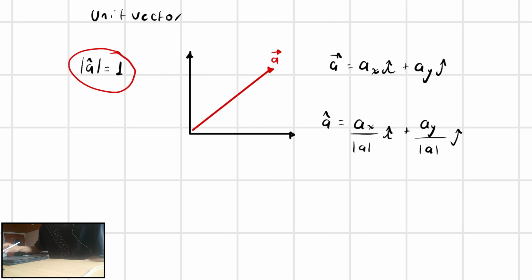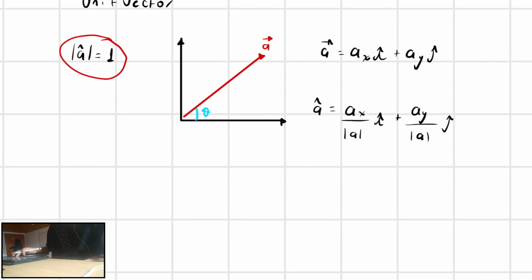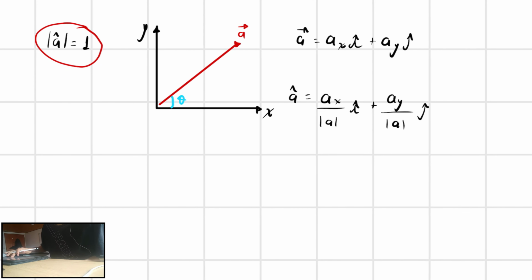There is one other way to find the unit vector of A, and it's by using the angle generated between the vector and the x axis: the cosine of the angle in the i direction plus the sine of the angle in the j direction.